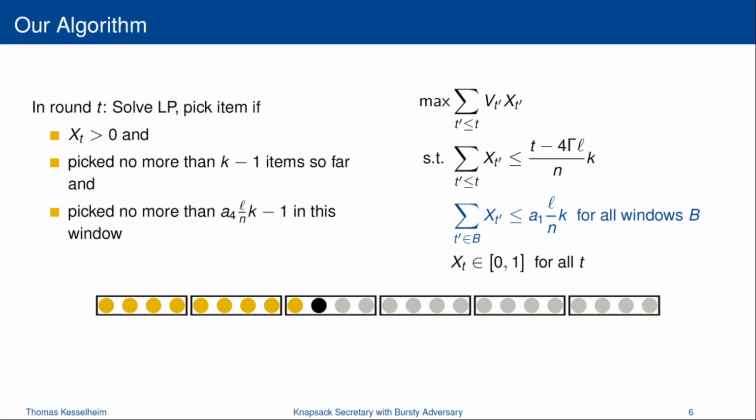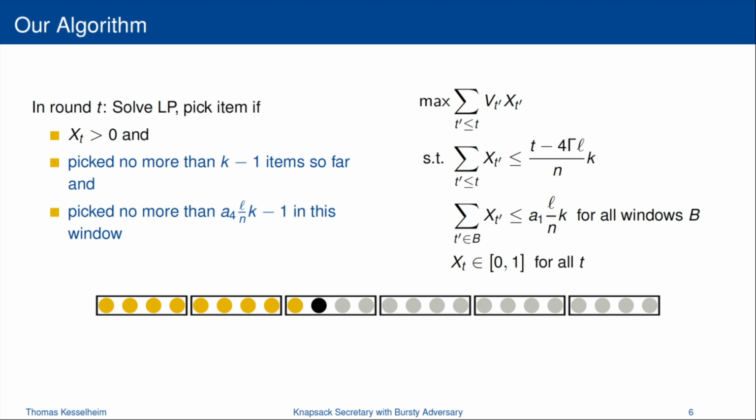And having now solved this LP, we take an item into consideration if it is at least picked fractionally by this LP, meaning that if its associated variable gets a positive value. But even then, we are not definitely picking it, but two more things have to be fulfilled.